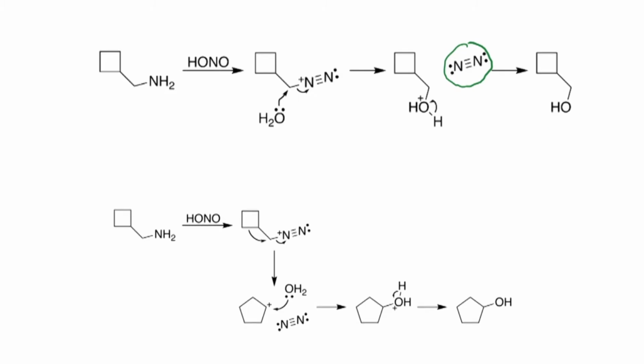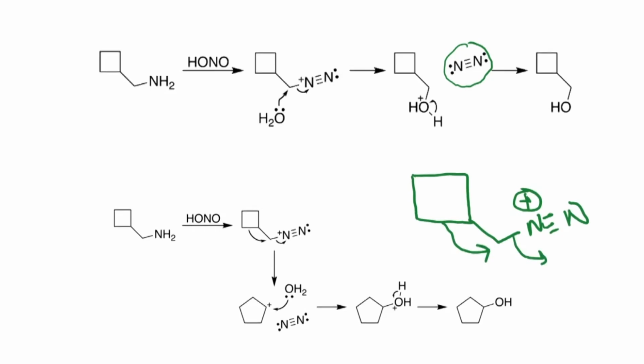The second situation is where you produce the same diazonium ion intermediate, and now the loss of nitrogen can precede the attack of water. That means that you have this ring expansion that can occur before the attack of water. So you have the movement of this bond and kicking out of nitrogen to produce a 5-membered ring.